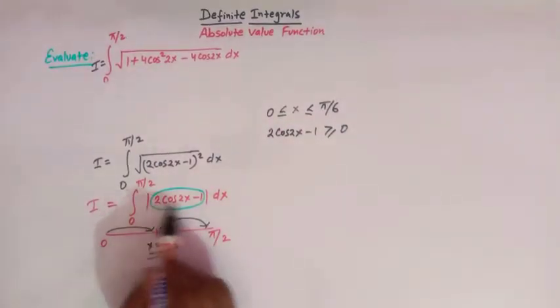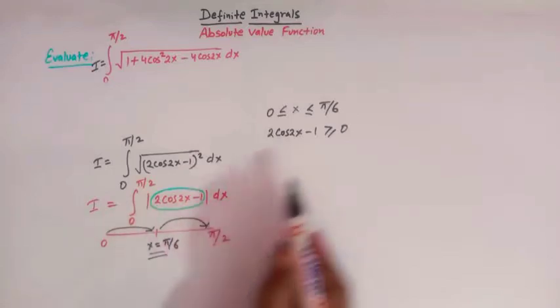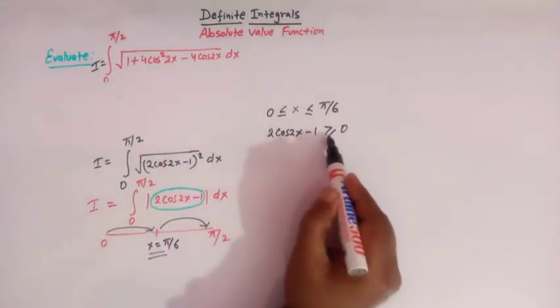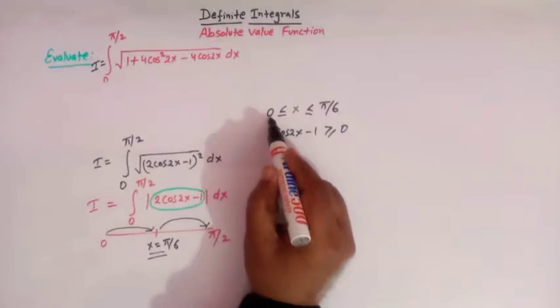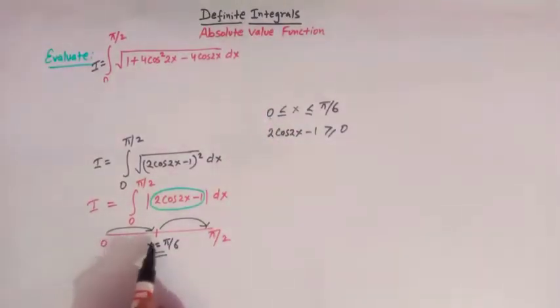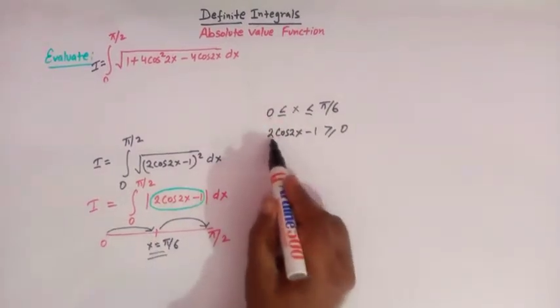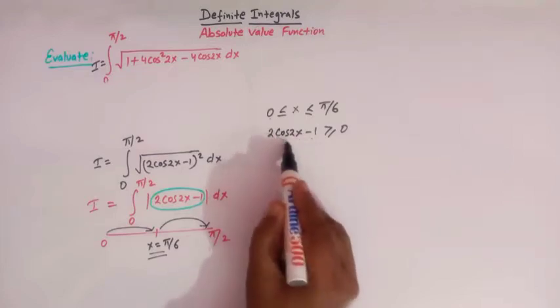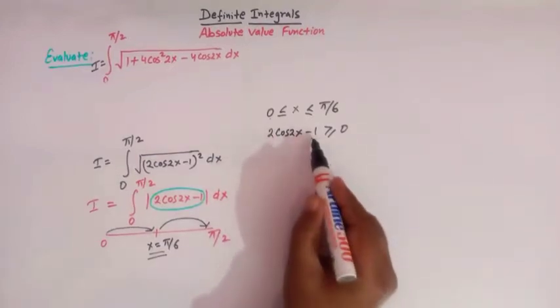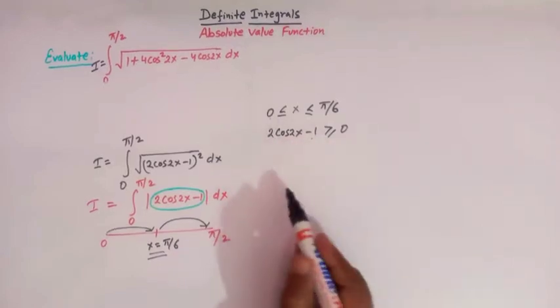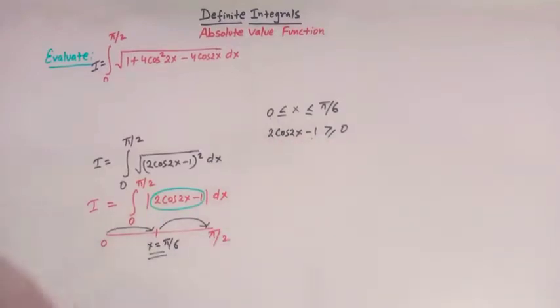We can take any particular value of x between 0 and pi by 6, and we can easily verify that 2 cos 2x minus 1 is a positive quantity in this interval.